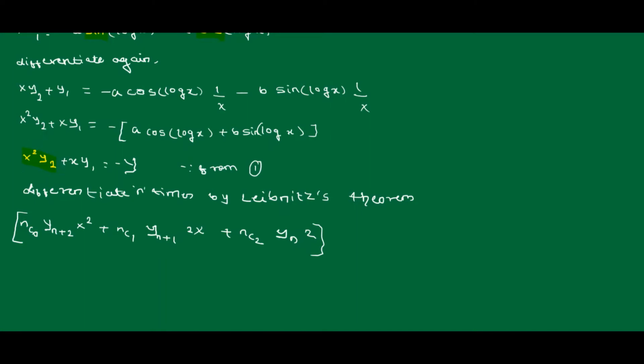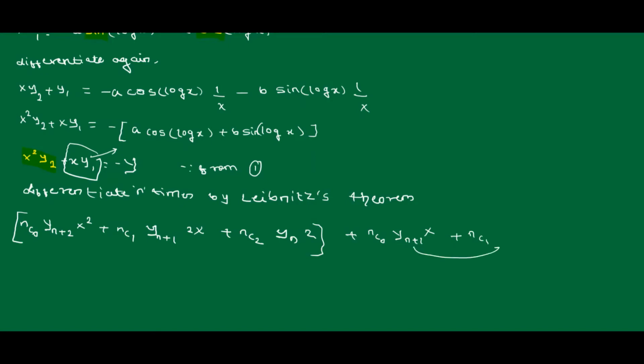Okay, which is over. Now we have to differentiate this x into y1 by using Leibniz rule. For that I will write plus. Again it starts with nC0. The nth derivative of y1 is y(n+1), and the v term, that is x, as it is. Now nC0 is over. Next you can write nC1.